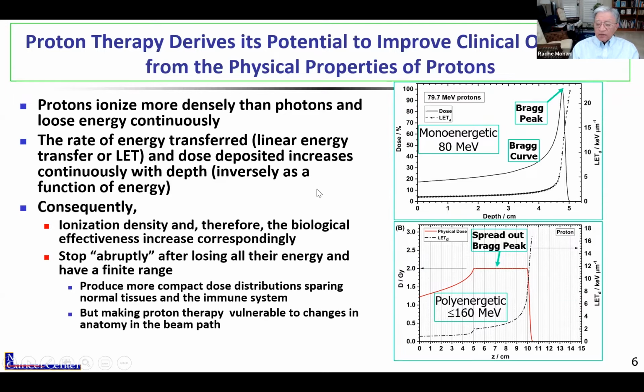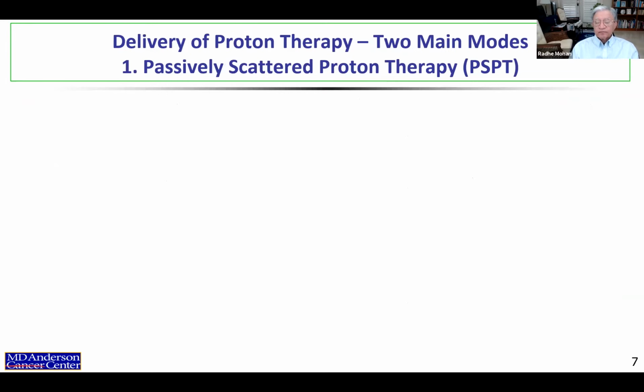However, these sharp gradients or sharp fall-off also make proton therapy more vulnerable to changes in anatomy and other sources of uncertainties. There are two main ways of delivering proton therapy.